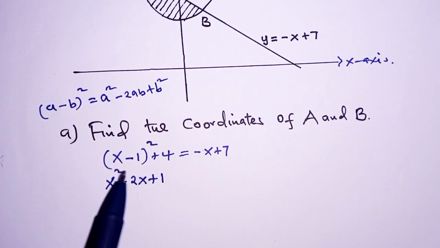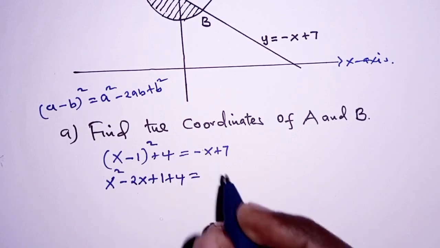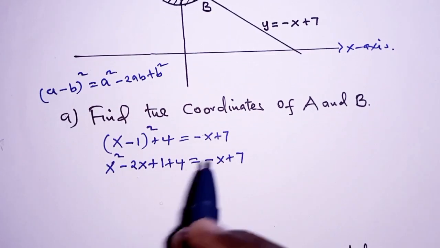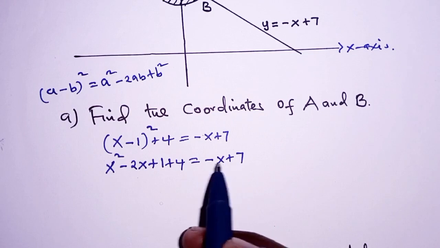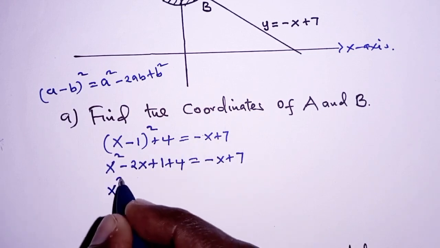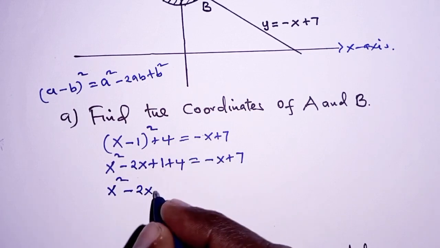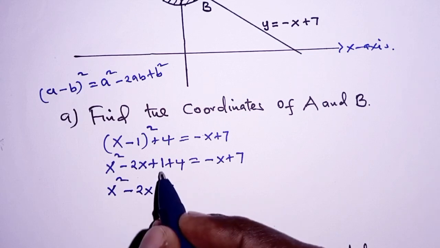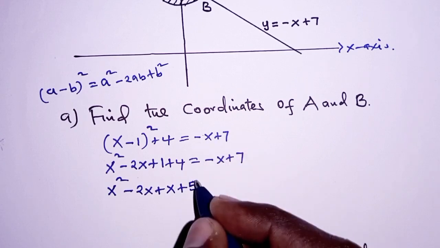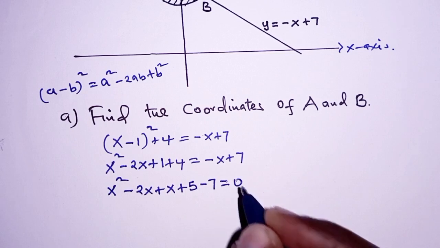So it's in this form, and then we add 4. And then on the right hand side we have negative x plus 7. Simplifying this further, we can bring every item on the right hand side of the equation to the left hand side, so that we have x squared minus 2x, and then negative x crosses so that we have plus x, and then here we have 1 plus 4, that is plus 5, and then 7 comes to this side so that we subtract, and on the right hand side we have 0.